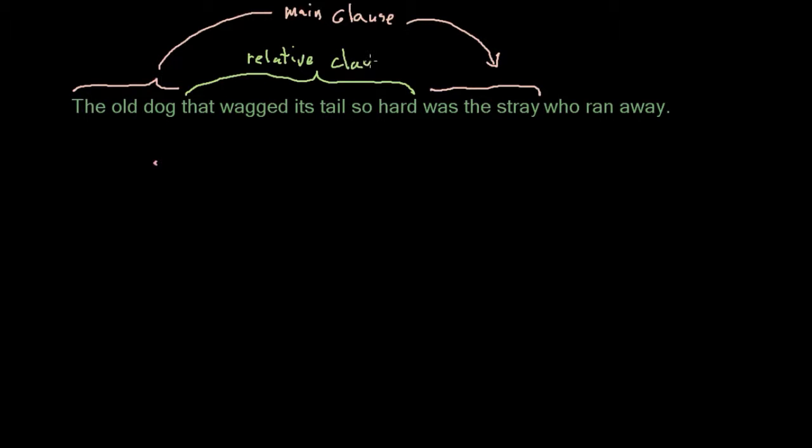Our second relative clause is introduced with the relative pronoun who, and it's who ran away. The first relative clause modifies the old dog, tells us about the dog. The second relative clause is modifying the stray, which is a predicate nominative.